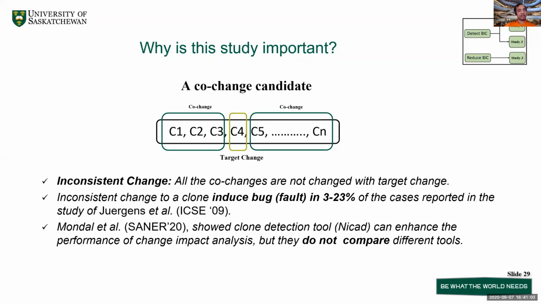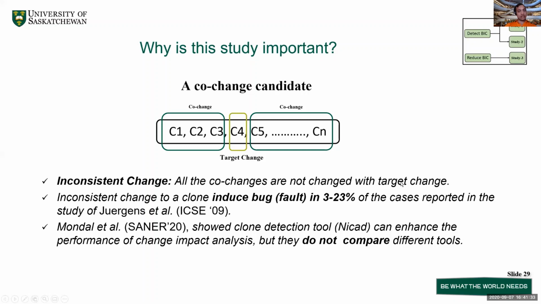Another earlier study also showed that the inclusion of clone detection tools, such as NiCad, in a change impact analysis tool can enhance the performance of change impact analysis. Change impact analysis is also about finding the co-change candidates, but they did not compare other tools to find which clone detection tool is good for that.